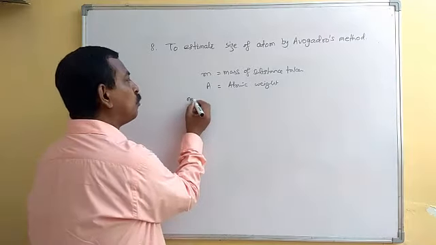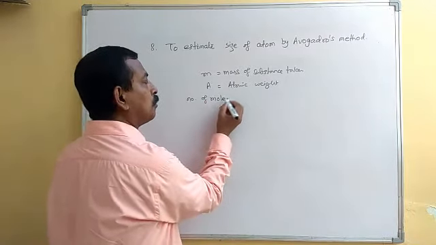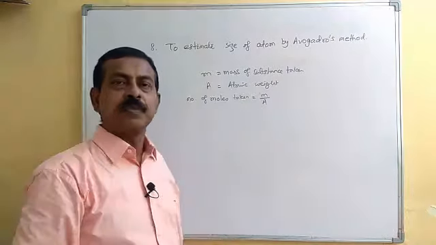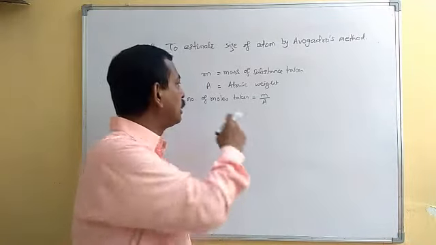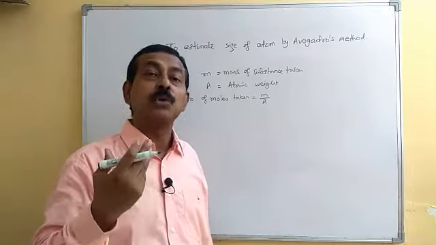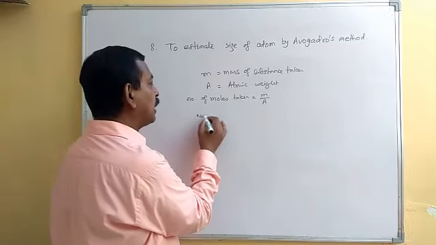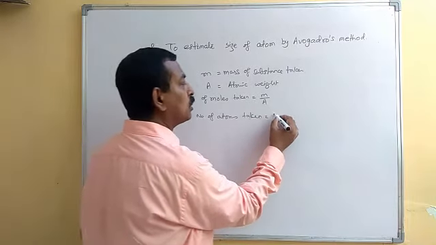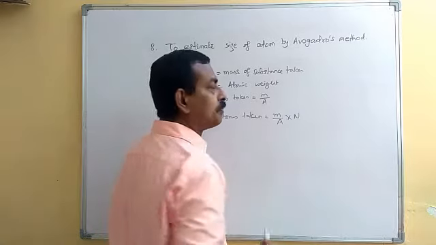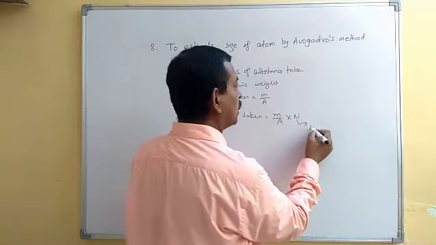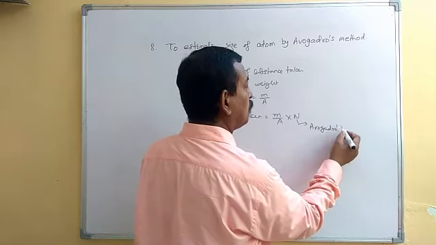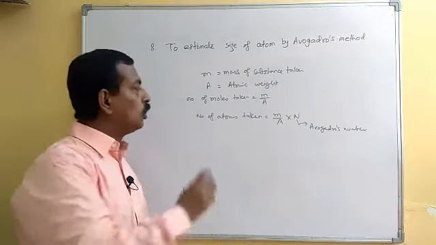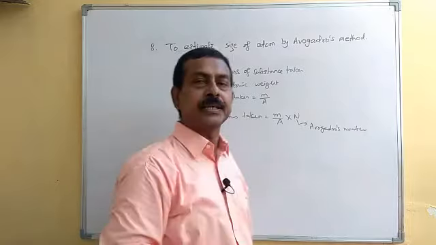Therefore, the number of moles taken will be equal to m by A. If we know the number of moles, we can tell the number of atoms there. So the number of atoms taken will be equal to m by A into N, where this N is Avogadro's number.